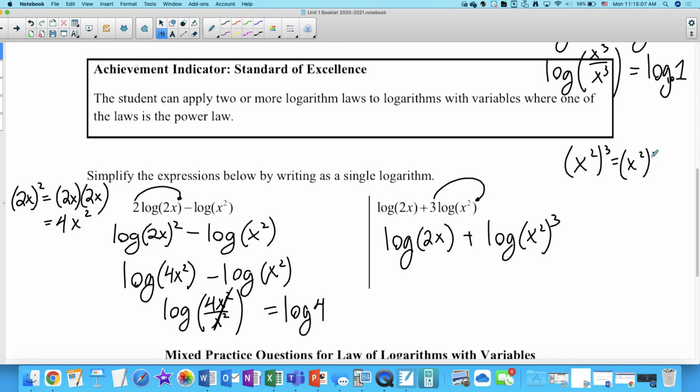Each of these has 2 x's in it. 2 x's, another 2 x's, another 2 x's. All together, that's x to the 6. And again, if you don't need to take this step, you don't have to. I'm just trying to put some strategies in place for people who struggle with exponent laws.